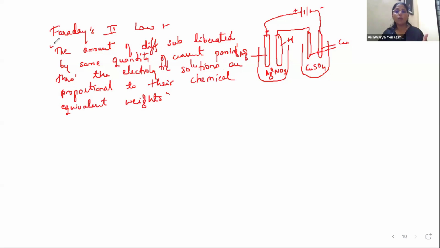Means how much copper or how much silver is getting deposited on the cathode will depend on their equivalent weight. So let's say copper, the equivalent weight is how much?